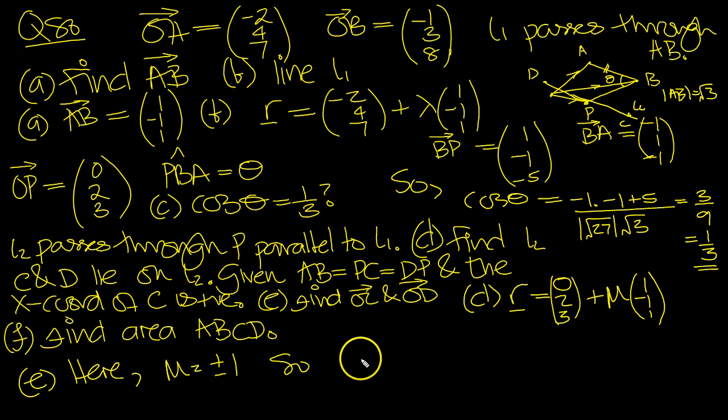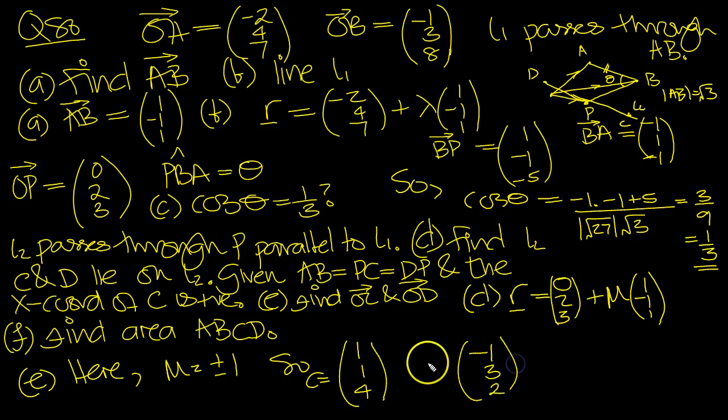So the vectors are, if you put 1 in here, you get (1, 1, 4). And that would be C. And minus 1, you get (-1, 3, 2). And that would be D, wouldn't it? Because C had the positive x vector. Okay, find the OC and OD.